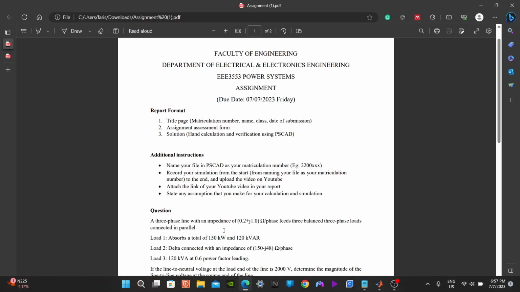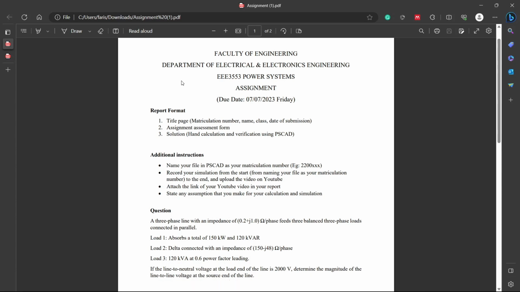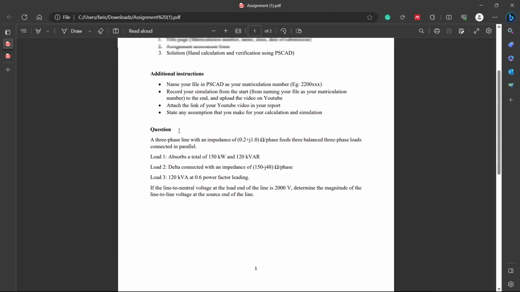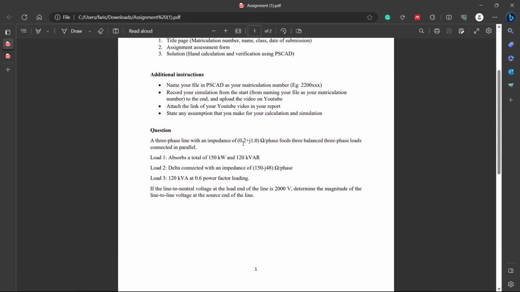So first, we look at our assignment, the problem. A three-phase line with an impedance of 0.2 plus j1 ohm per phase feeds three balanced three-phase loads connected in parallel. The data given: Load 1 absorbs a total of 150 kilowatts and 120 kVAR.